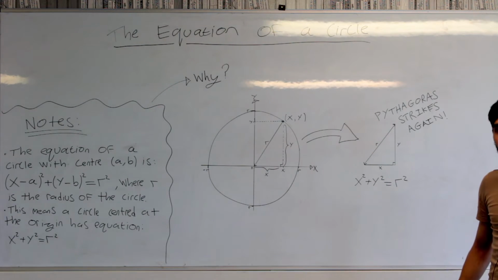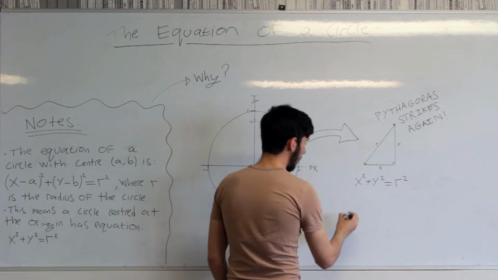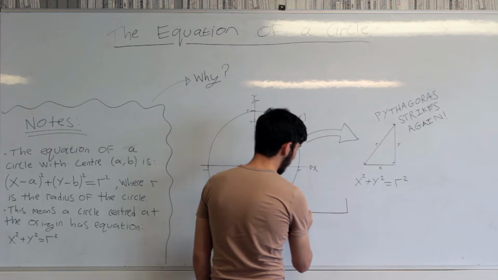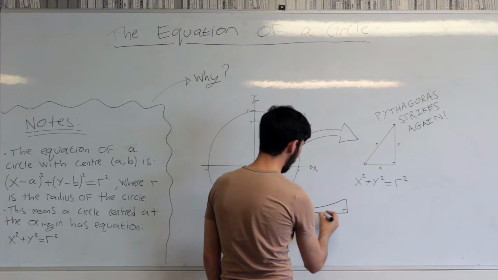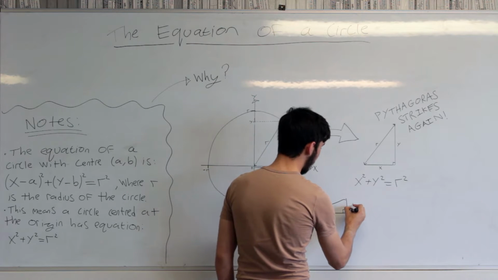Now that triangle could be of any shape as long as it's a right angle triangle. So if I was to use a ruler, I could have a triangle that looks like this. That is really awful, but just imagine it's a triangle, with some arbitrary x length and some arbitrary y length.